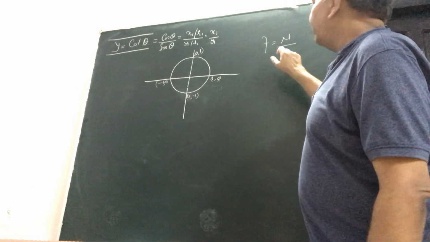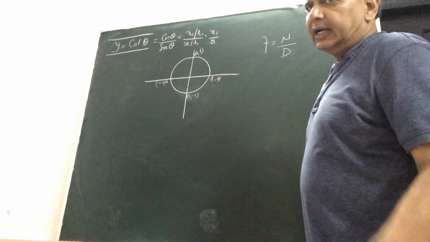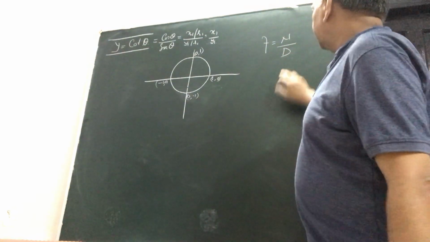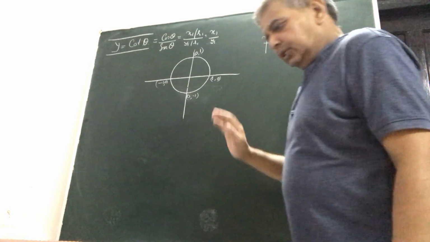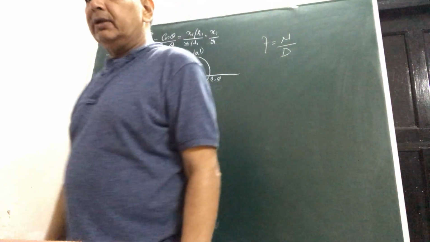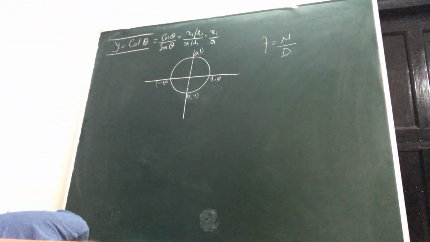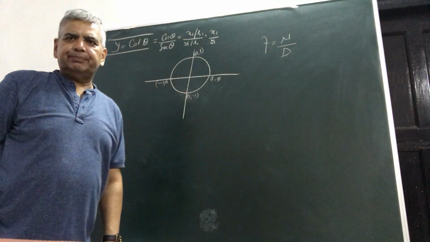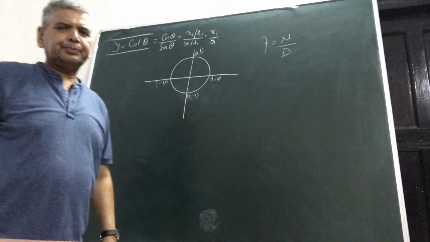If you want to decrease the value of this fraction, again two options: decrease the numerator or increase the denominator. So these are the two possible ways available to you for increasing or decreasing the value of a fraction, provided both of them are positive.